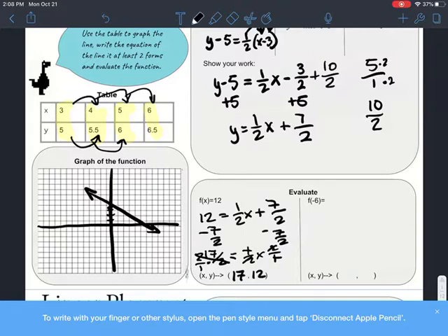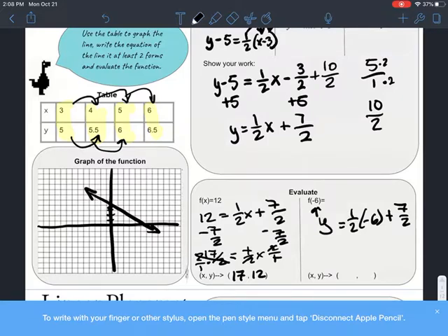In this one, they tell us that they filled in the x of f of x, so x is negative 6. So now we're going to say, okay, 12 equals 1/2 of negative 6 plus 7 over 2. 1/2 of negative 6 is negative 3, not 12. Why did I do that? Erase. 12 is not that. We want y there.